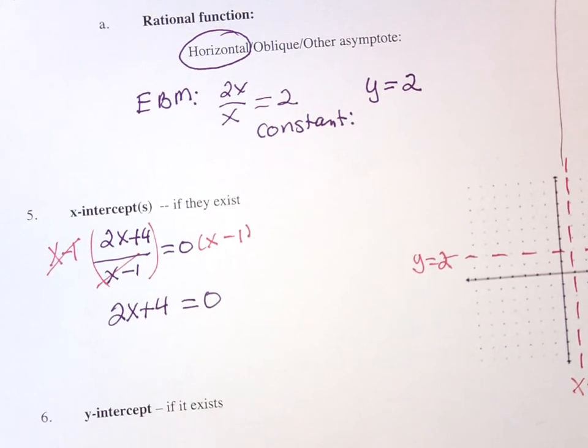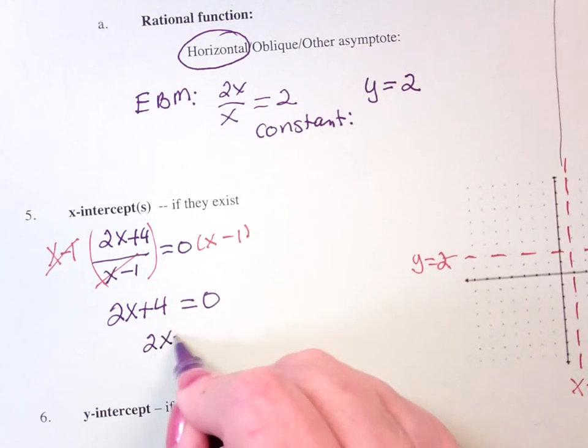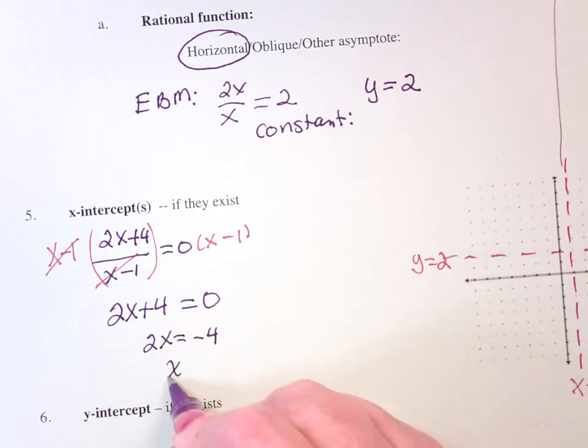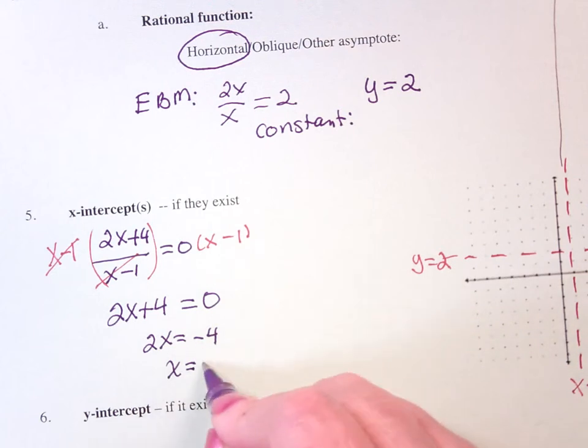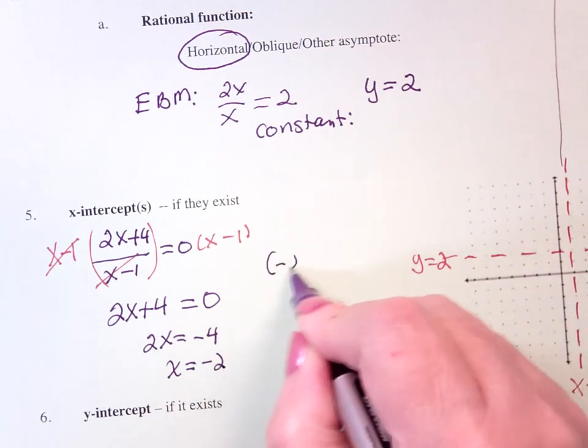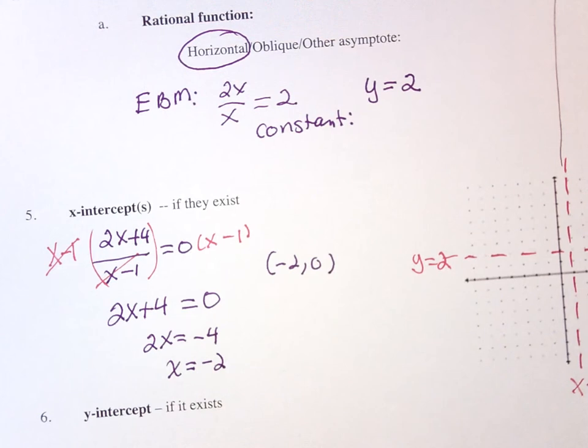If I have a fraction equal to 0, the only way it can be 0 is if the numerator is 0. The denominator being 0 sets the domain. The numerator being 0 tells me where the x-intercepts are. And this says that 2x equals negative 4, or x equals negative 2. So it's negative 2, 0, it's where my x-intercept is, and it's right here.